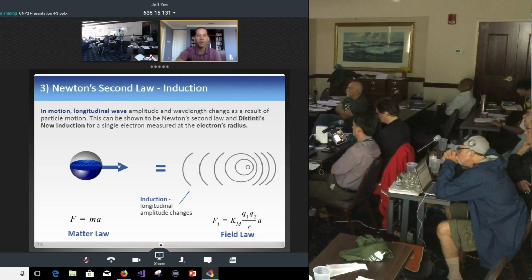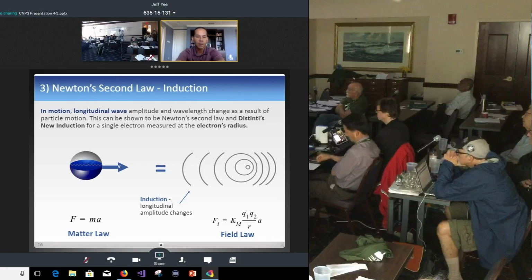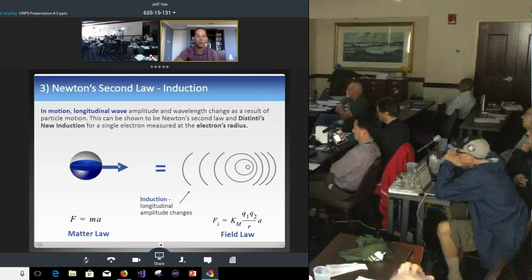And as I mentioned earlier, I was having a difficult time trying to relate it to Maxwell's equations until Laura gave me today. I think the connection is actually with Robert Distinti's work. And so what you see on the right is Robert Distinti's new induction equation. And again, you see a particle represented on the left, but now in kind of waveform on the right. And now in motion, that particle experiences the Doppler effect. That's why you see the amplitude and wavelength changes on the left versus the right, depending on the direction of motion.